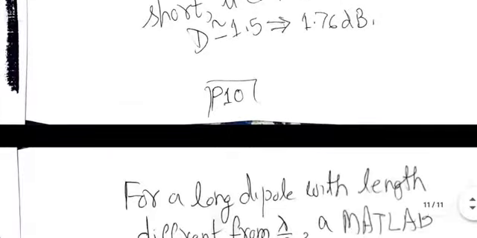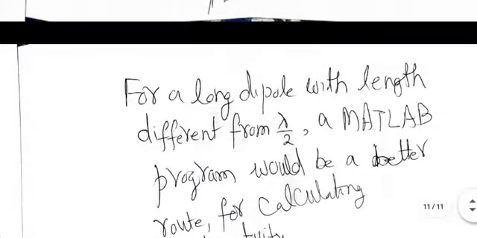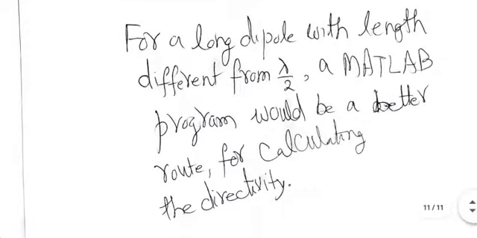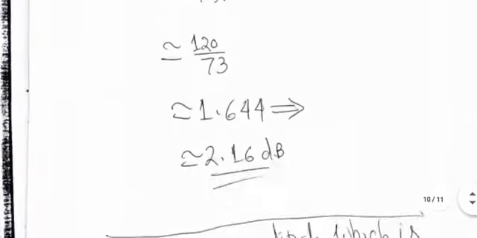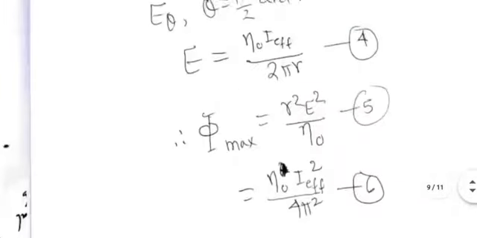You can prove it yourself. Now, if the dipole length is other than lambda by 2 and dipole is long, directivity calculations cannot be done that easily. You have to do numerical calculations. Typically, MATLAB programs are written to figure out directivity in that case.